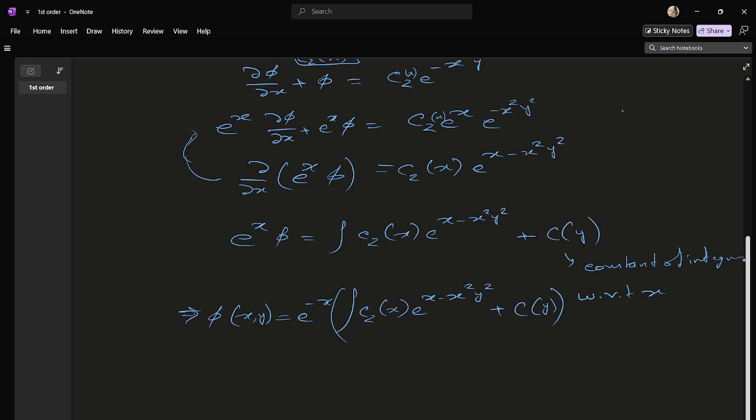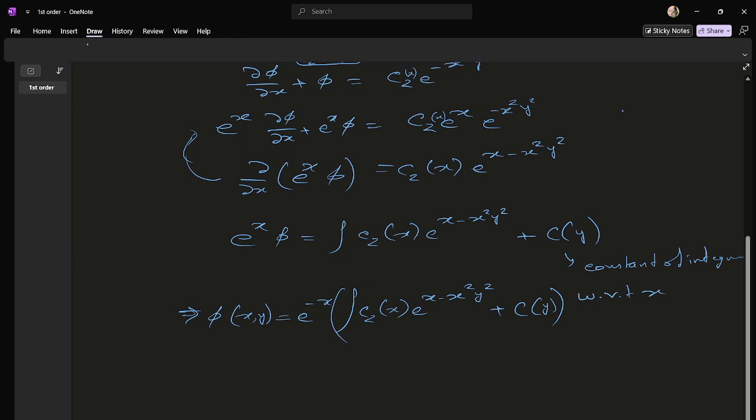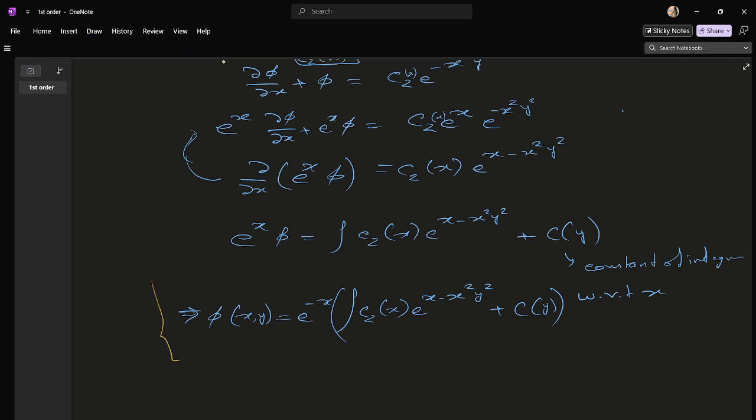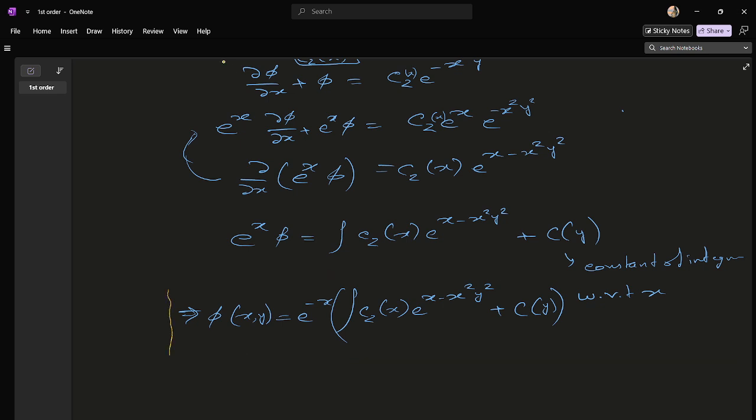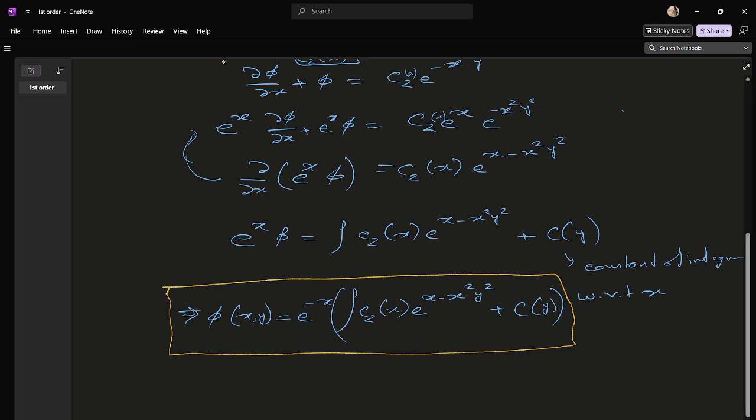So the solution has been transformed in this form, and this is our required solution.